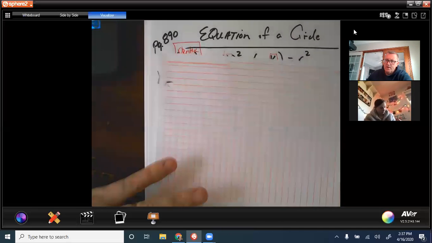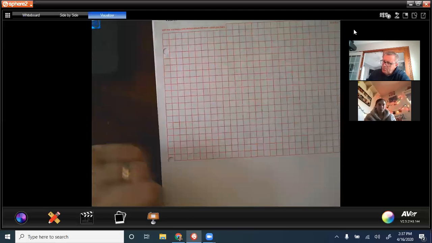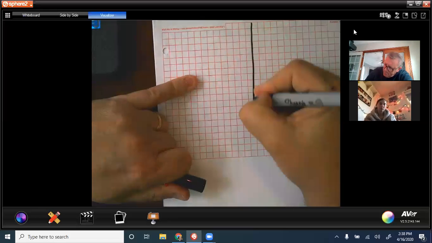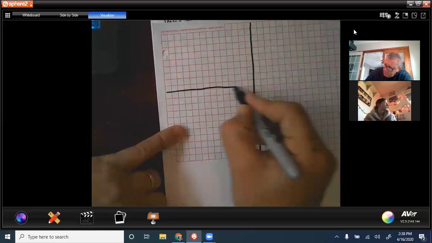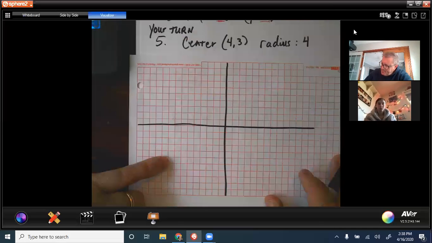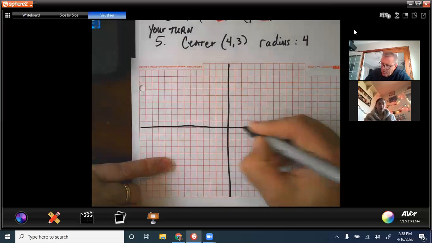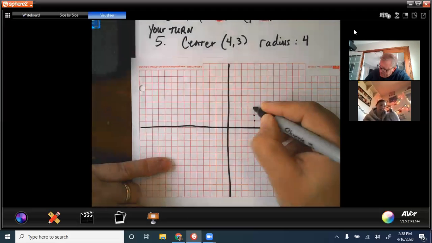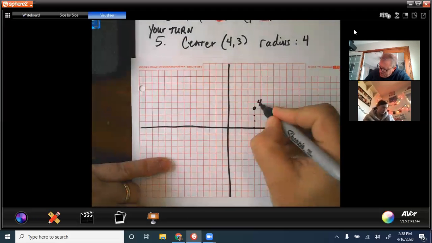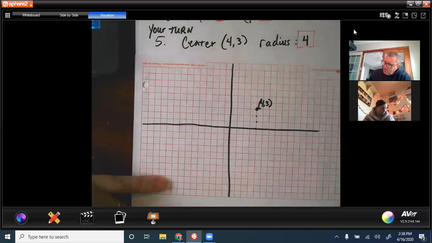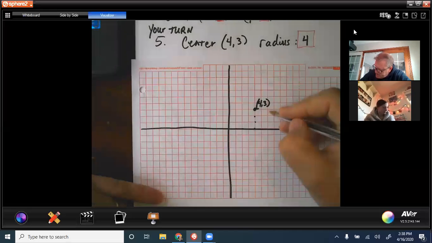So if I have a graph, and I know that the center is positive 4, that means I go to the right 4: 1, 2, 3, 4, and I go up 3 because the y value, or the k value, is 3. And so that's the center, which is (4, 3). And then the radius is 4, so I go over 1, 2, 3, 4.